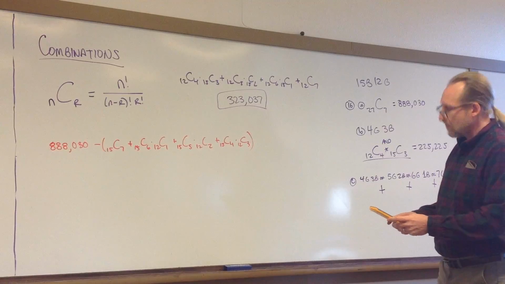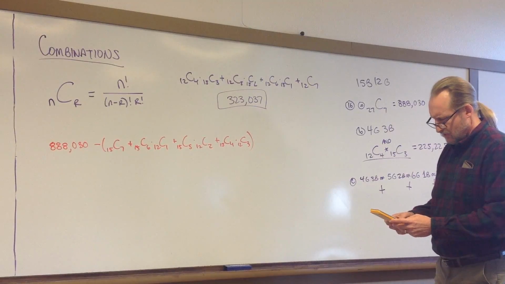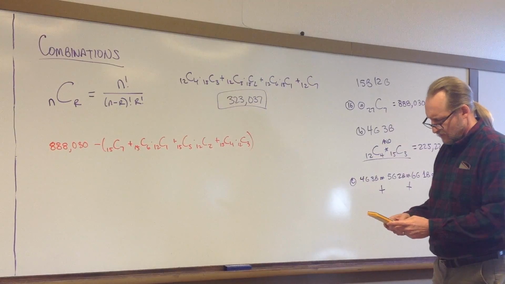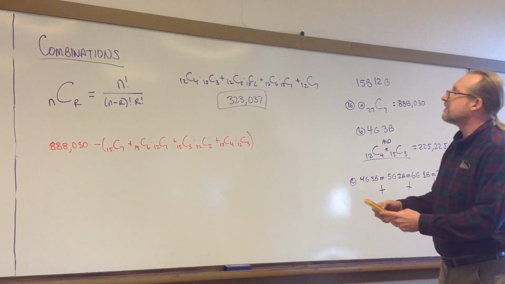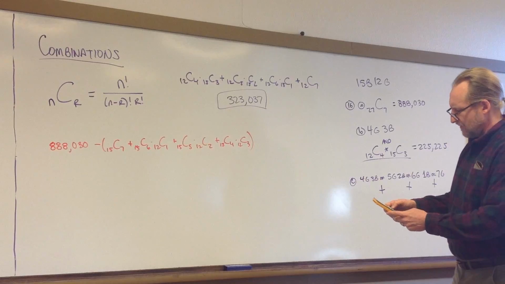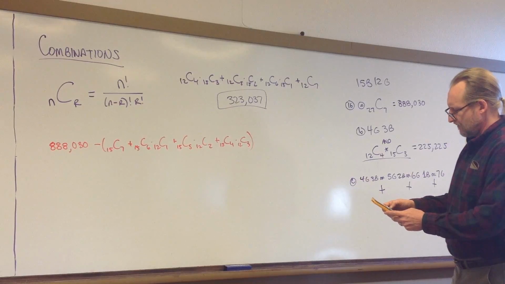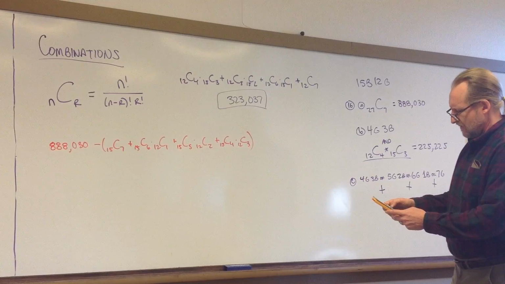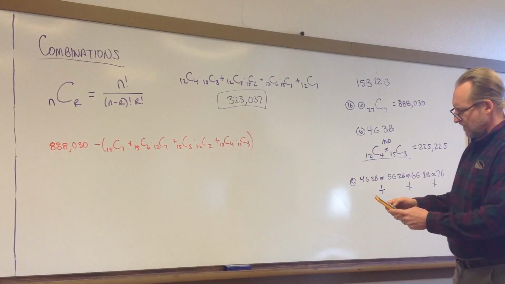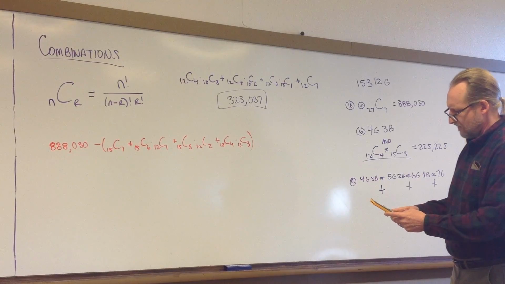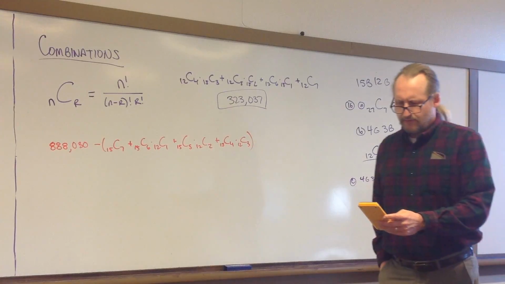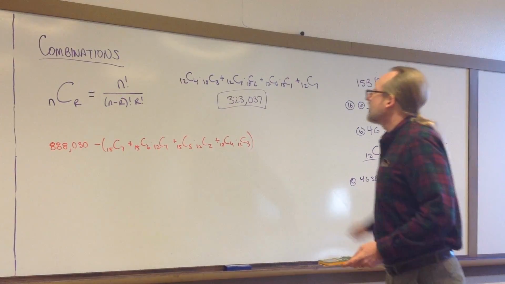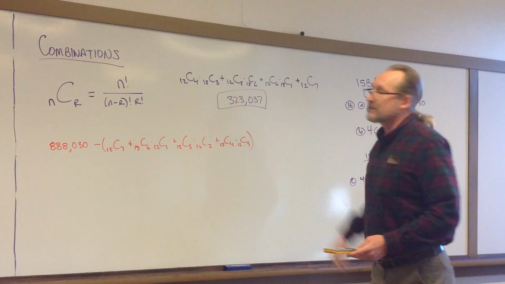Okay, let's see here. Then we want 888,030 minus all of that. 15C4, 12C3, 15C5, 12C2, 15C6 times 12, and 15C7. Yeah, 323,037. Excellent. Okay, so these are the same.